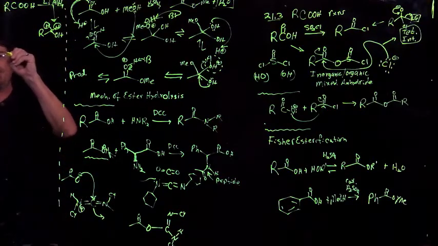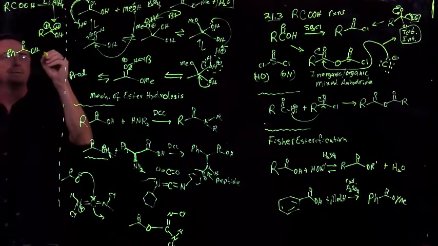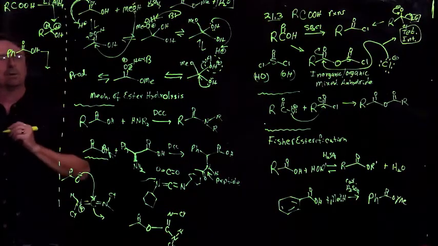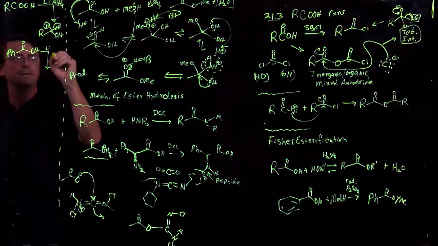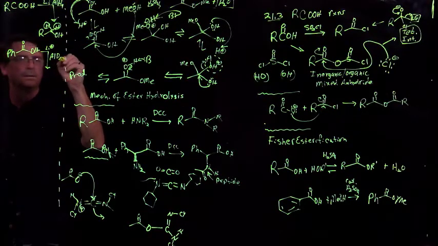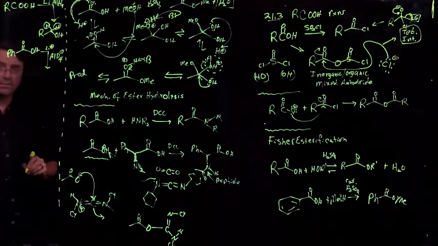So I'll show you a way that we might make use of this. If we take benzoic acid, now watch what I'm going to do here. I'm going to change my hydride reducing agent just a little bit. I'm going to use lithium aluminum deuteride, D4, instead of H4.